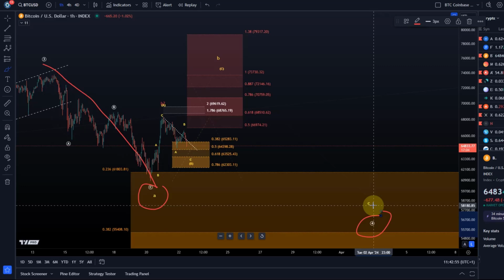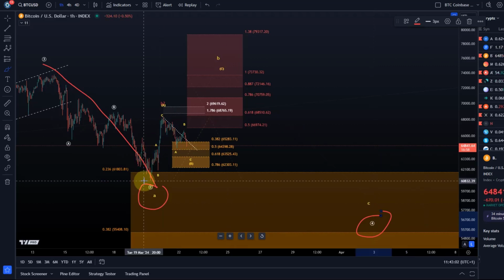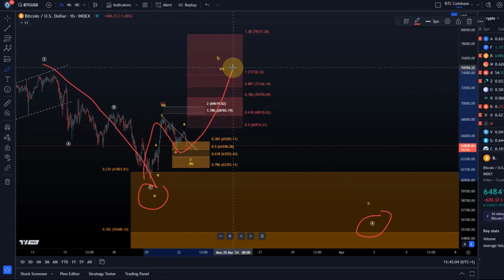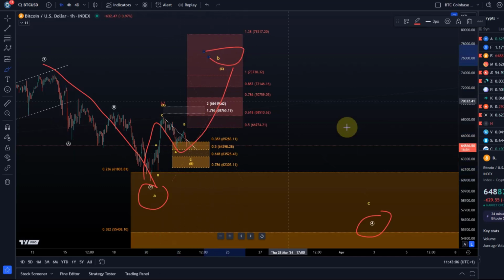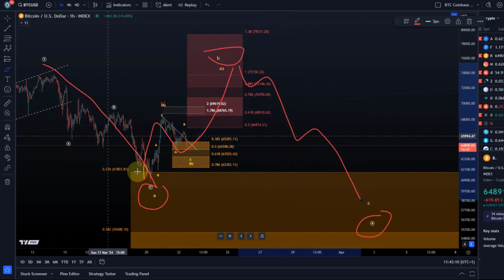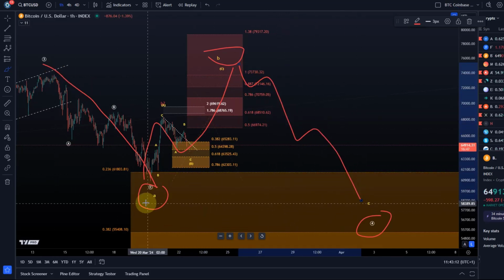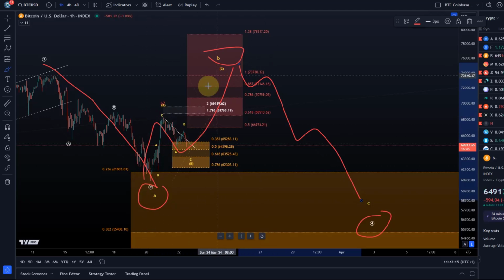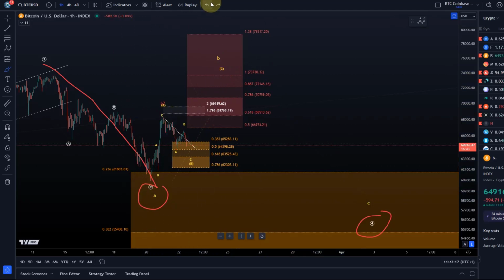I mean, it can still morph into something different, right? It could still morph into a triangle. We don't know that at this stage. Then the move up here could be the B wave, and then a C wave to the downside could be a 5-wave pattern. A, B, C, and within the B wave, A, B, C as well. So that's sort of what I'm tracking as short-term bullish.